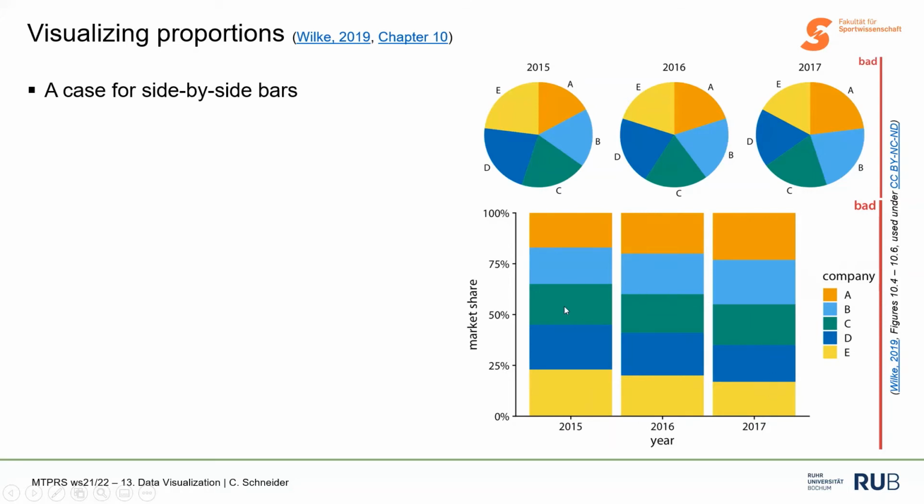It's very difficult to see, is there a difference between the category C and the green ones over time, or is there not? Same thing with the pie charts. It's almost impossible to see, are there any differences, and if there are differences, how large are the differences, and how large are the differences compared to the other companies.